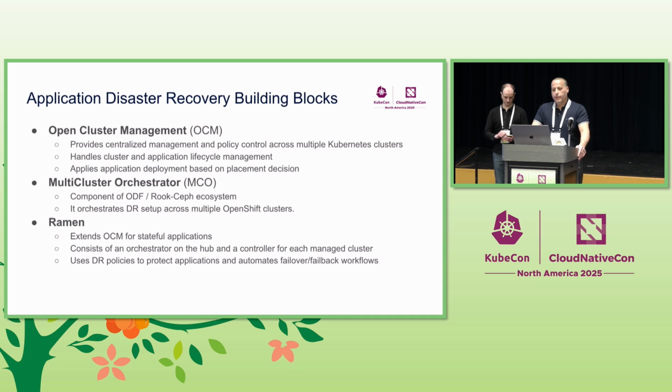Okay, so now we need to build up from that point on, right? We talked about Rook, how Rook enables mirroring between two clusters, and how that mirroring is used through the volume replication. Now we need to talk about the application itself, how we can protect an application for disaster.